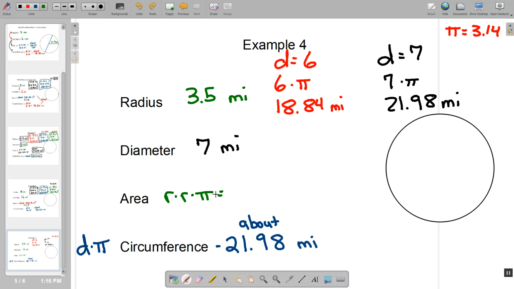So I do 3.5 times 3.5 times our decimal approximation for pi, and I get 38.465 thousandths. Area is two-dimensional, so square miles.